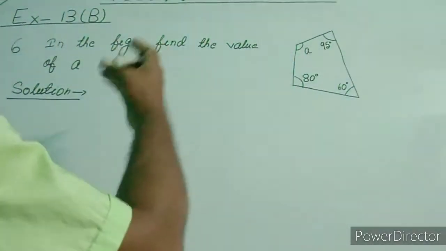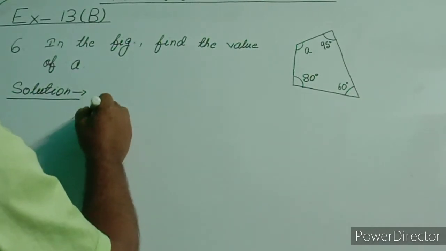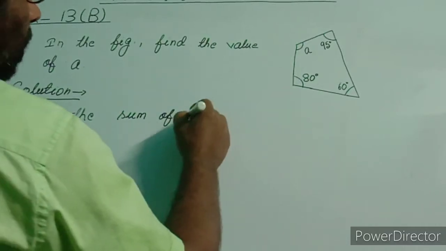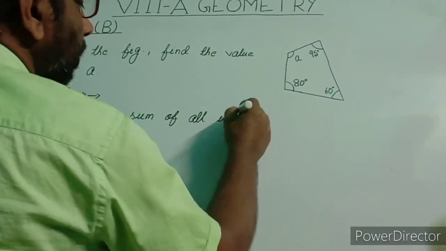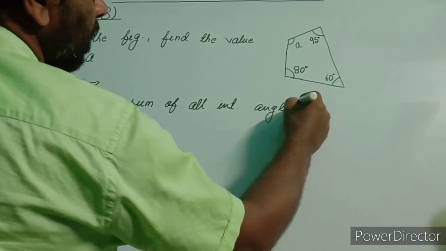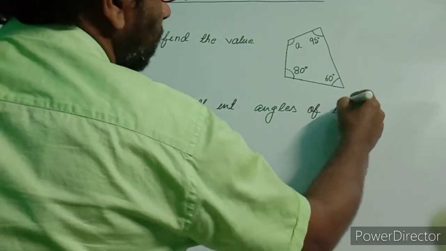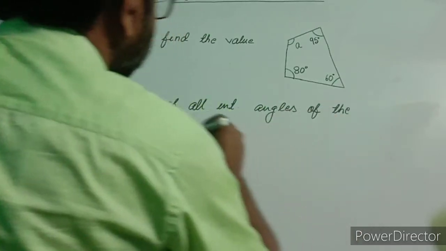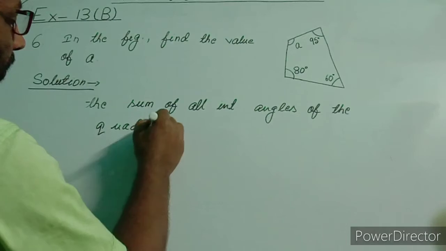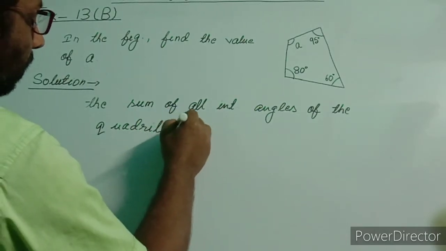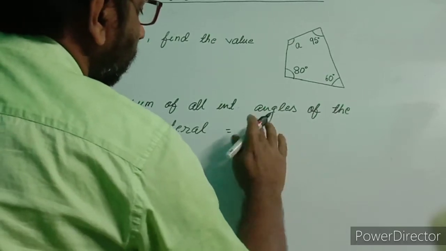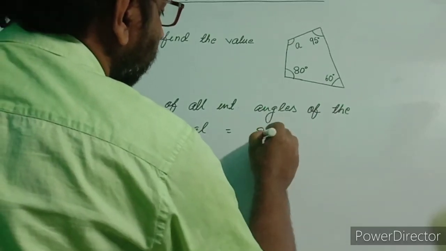We can write the sum of all interior angles of the quadrilateral equal to 360 degrees.